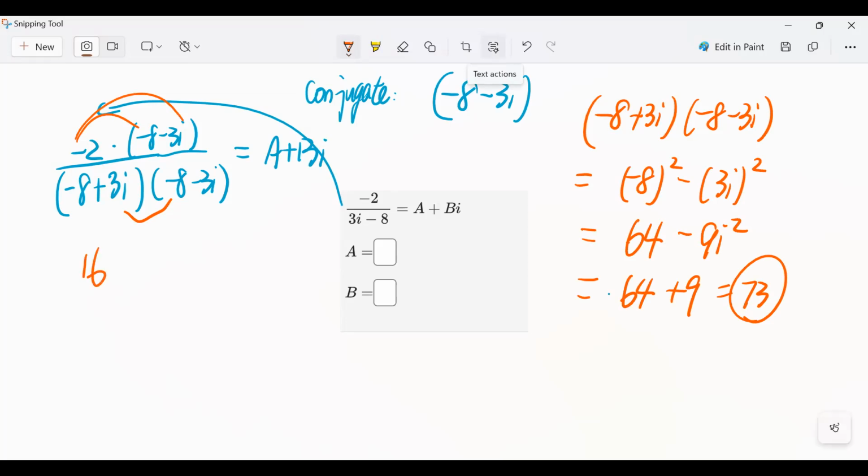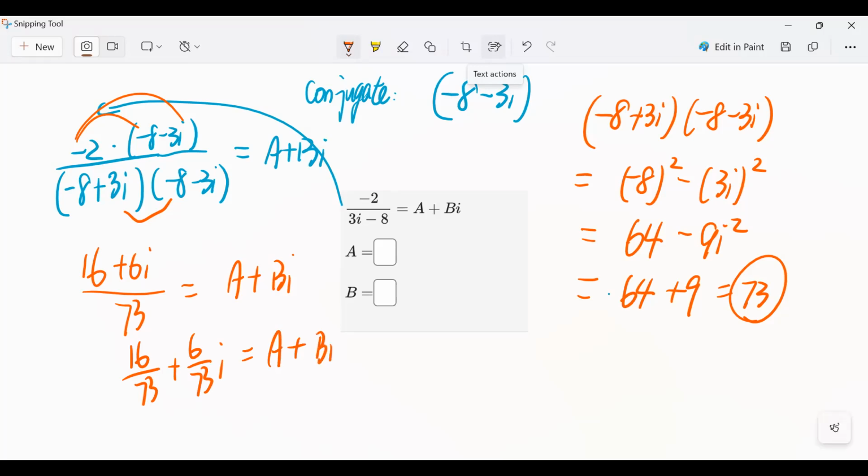We get 16 plus 6i over 73. Then we're going to split it as 16 over 73 plus 6 over 73. So here A is 16 over 73 and B is 6 over 73. Okay. Any question?